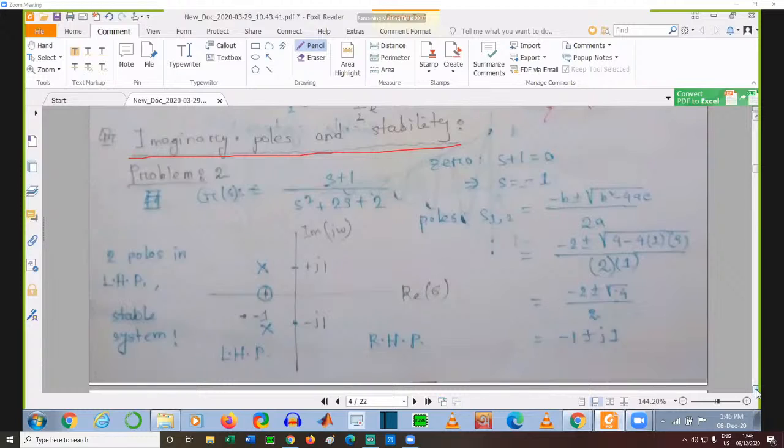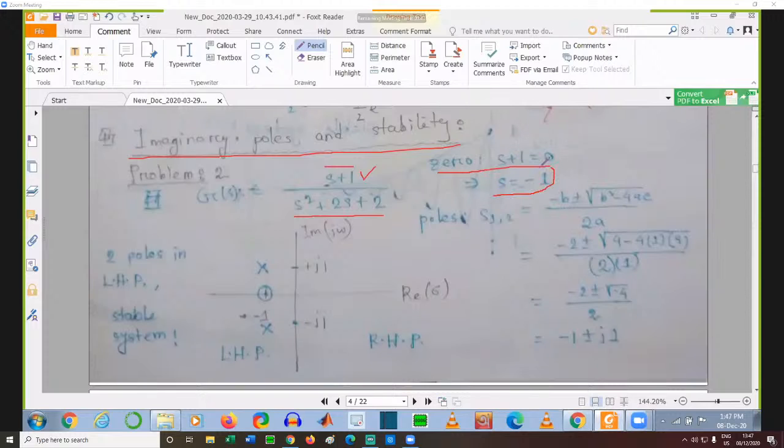Here we have the imaginary poles and stability problem. G(s) equals (s plus 1) by (s square plus 2s plus 2). By solving the denominator we always get the poles, and by solving the numerator we always get the zeros. So the zero is s plus 1 equal 0, that means s equal minus 1.